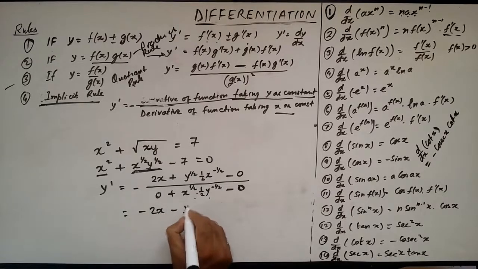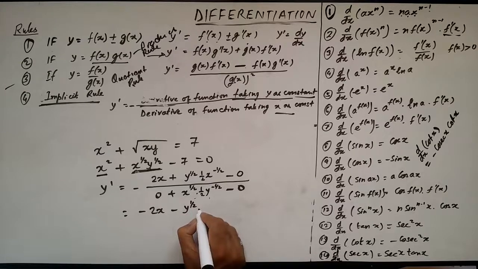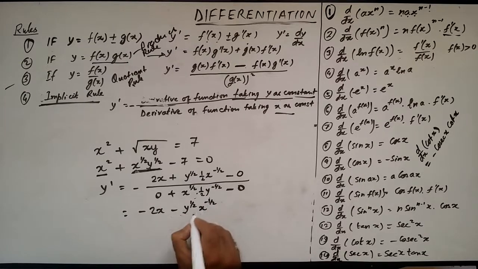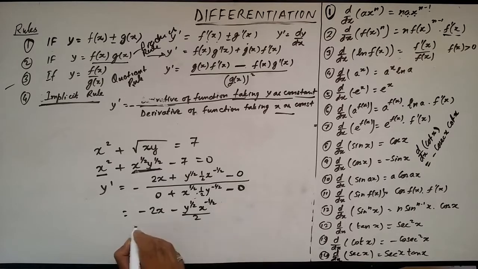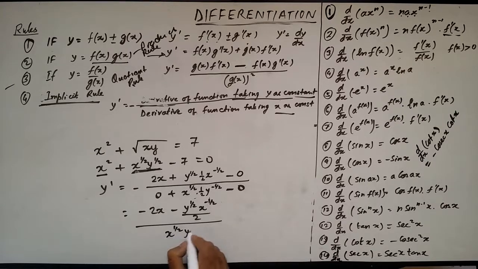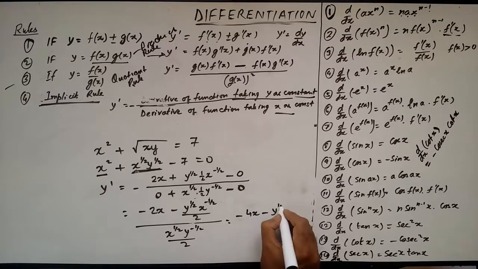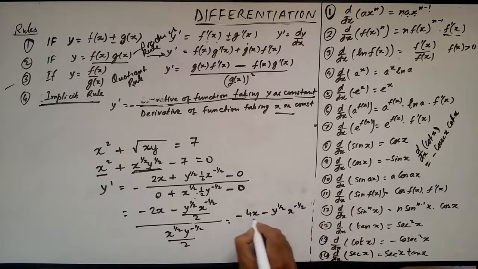Minus 2x minus y to the power half, x to the power minus half, and divided by 2, upon x to the power half, y to the power minus half, divided by 2. So this 2 and this 2 should cancel off. So we'll just evaluate the numerator, that is minus 4x minus y to the power half, x to the power minus half, upon x to the power half, y to the power minus half.